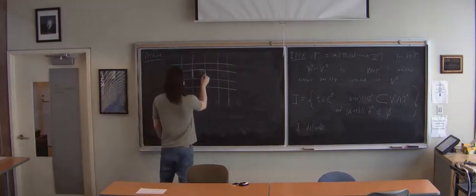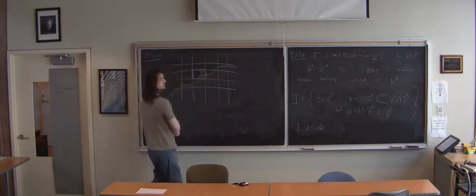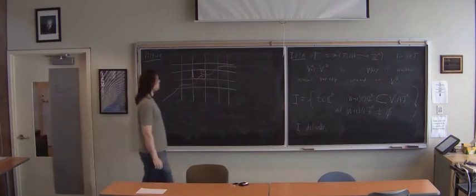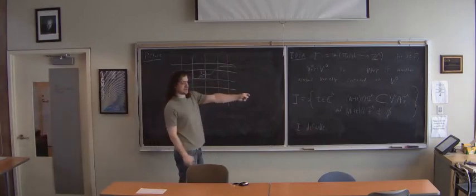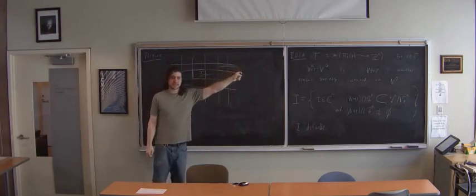Now inside here, you have W. Let's say W somehow does something like this. Now W stays inside V naught for all time, so this whole thing is inside V naught.